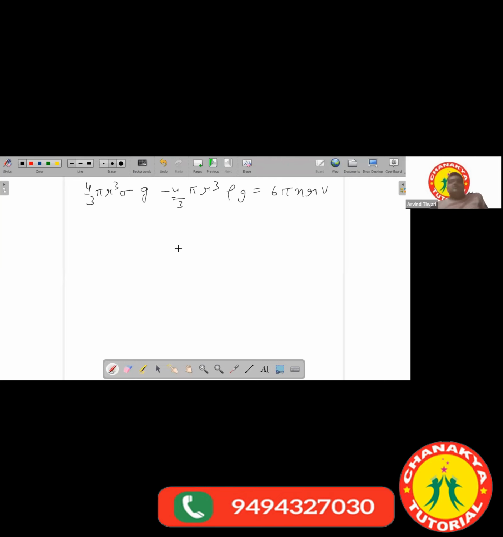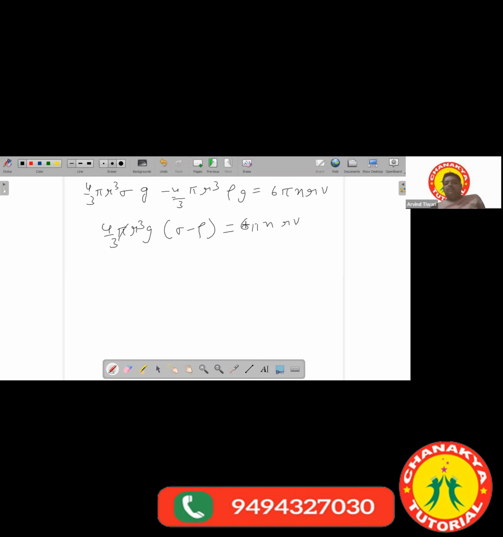Now you can take 4 by 3 pi r cube g common. You will be left with sigma minus rho equals 6 pi eta rv.